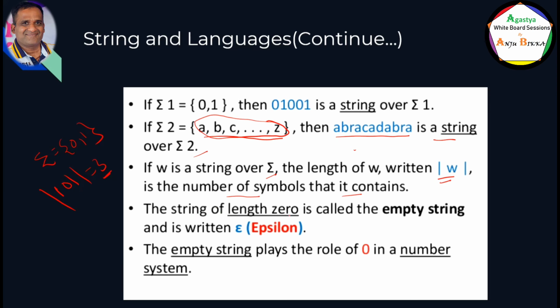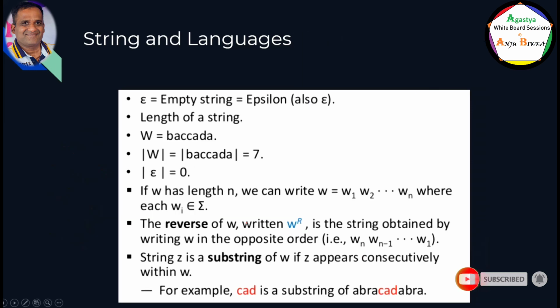The string of length 0 is called epsilon, and mod of epsilon is 0. The empty string is denoted by epsilon. Now if W is a string over the alphabet, for example ABC, the length of this one is 7, meaning 7 symbols are included. Length of epsilon is 0.